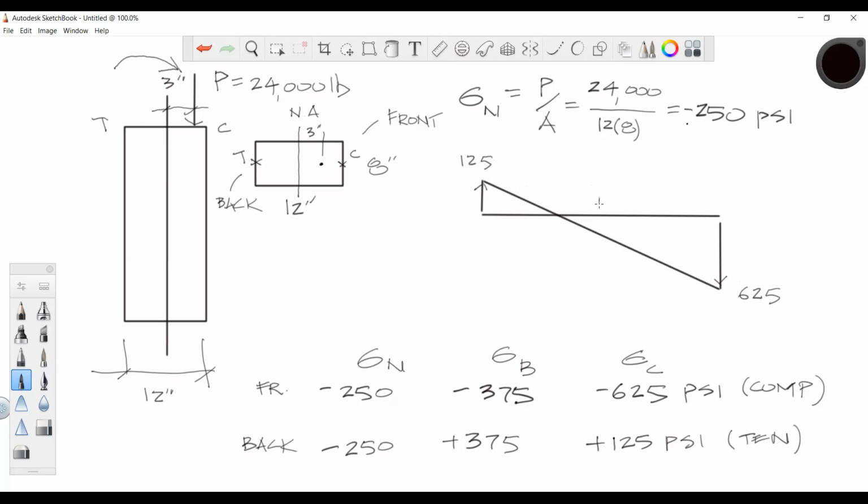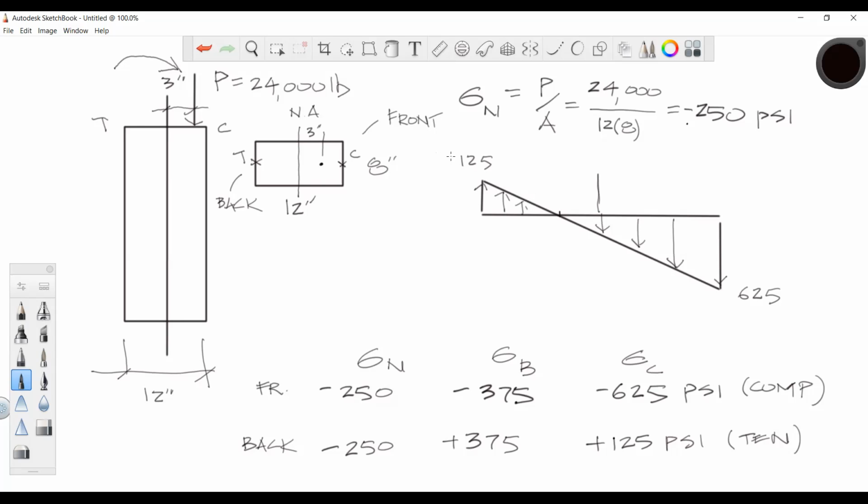Notice that if this is the centroid, right there, the center, this would be 6 and 6. This is not coming through the centroid, so you don't have zero stress developing at the centroid. It's to the left of it or to the right of it. Do you guys see that? And this is linear, so we could solve the stress at any point we wanted by using the slope of that line.